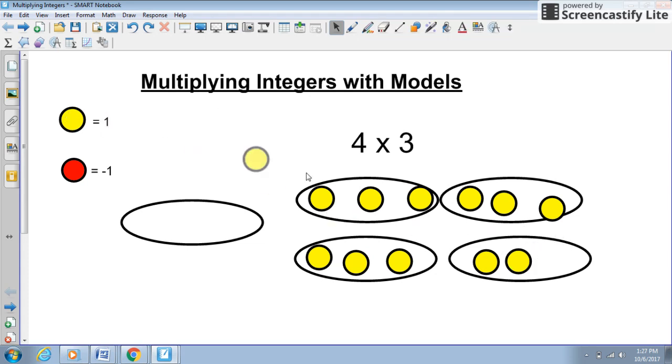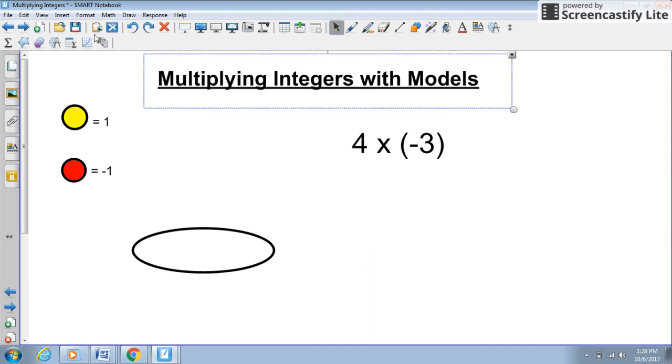Now my answer to 4 times 3 is how many total positives I have. We all know I have 12 positives in there. So 4 times 3 equals 12. Let's move on to using some negative numbers.